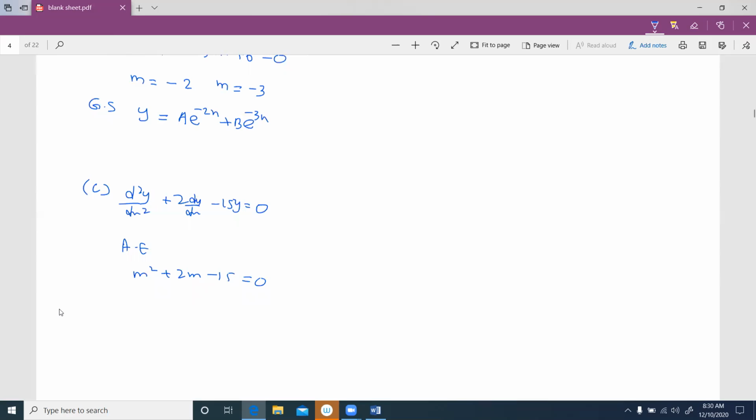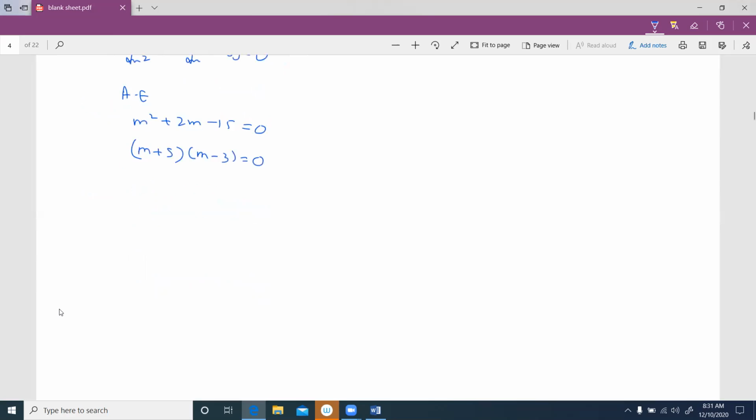So this turns up to m plus 5, m minus 3 equals 0. So with that you can say m equals -5 and m equals 3. So the answer turns up to y equals a e to the power -5x plus b e to the power 3x, which would be the final answer. That is how you need to do this kind of situation. Yeah, I'll come up with another example.